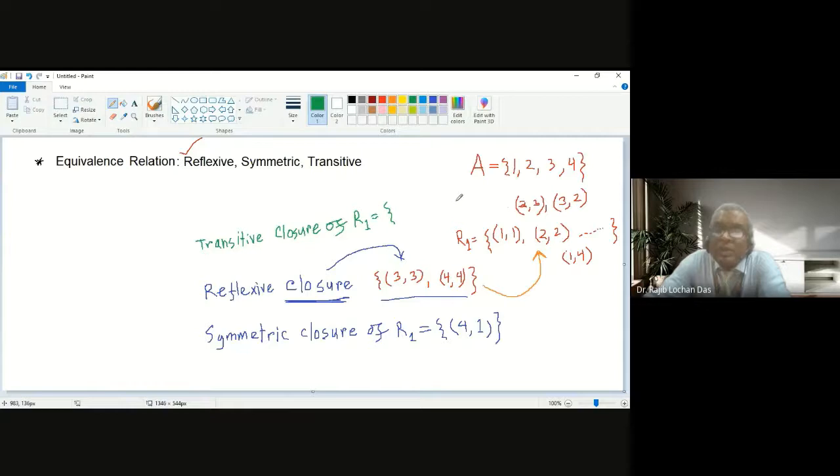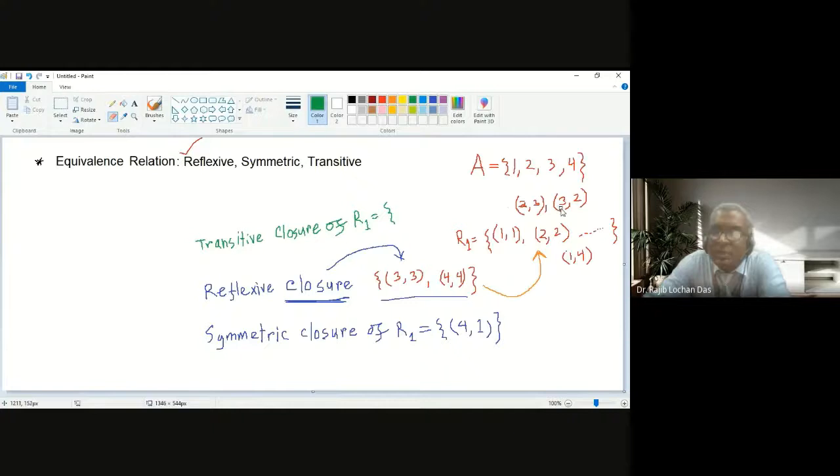First of all, you need to check whether this relation is already transitive or not. If it is already transitive, then you do not need anything else. Then you will say nothing more is necessary, so the closure is null, closure is blank. You understand? If this is not transitive, then you will check how it can be made transitive.